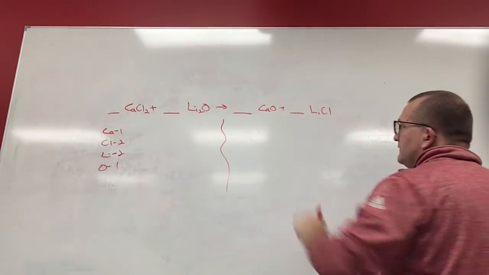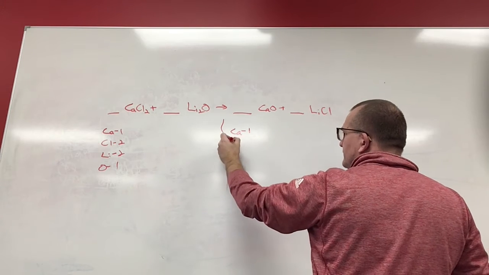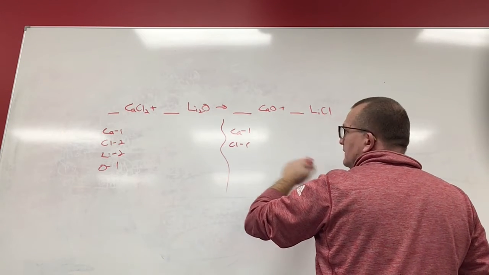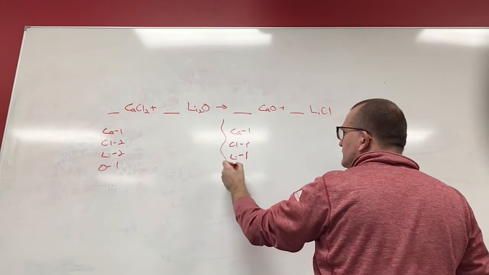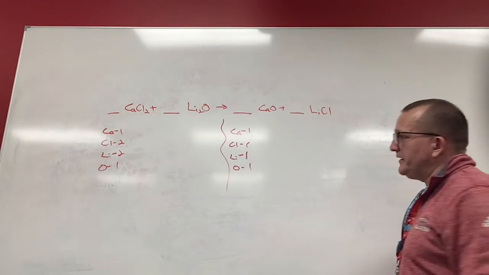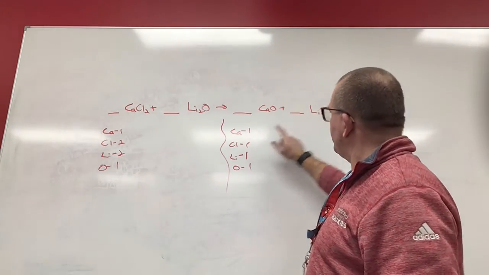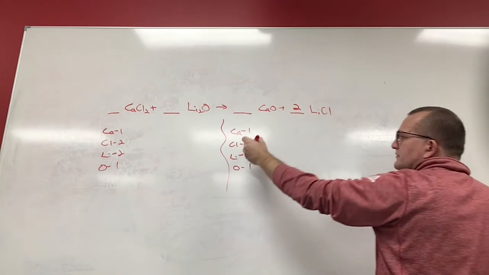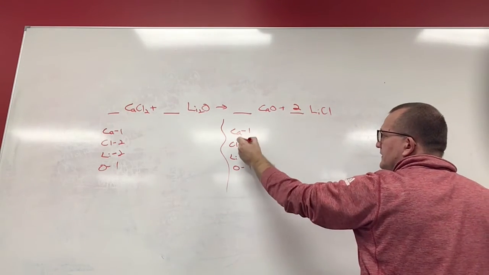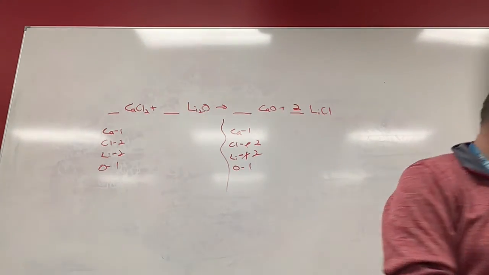On this side, Ca, 1, Cl, 1, Li, 1, O, 1. So now look at my numbers. The Li and the Cl have 2, only 1 here, so if I put a 2 in front, that gives me 2 Lis, 2 Cls. And I'm balanced. So that's how I balance letter A.